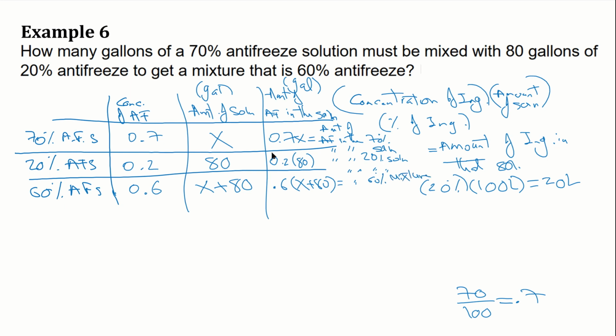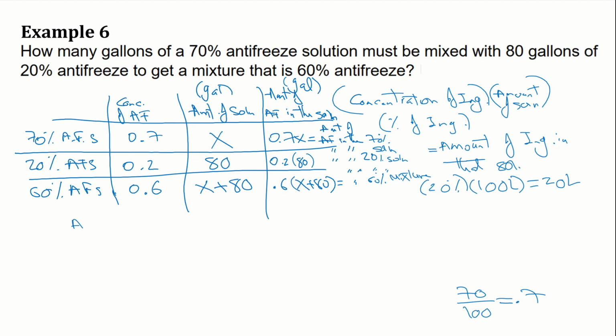Now, given that I'm mixing these two to get this, that means however much antifreeze comes from the first solution, the 70% solution, plus however much pure antifreeze there is in the second solution is exactly going to be the amount of antifreeze in my 60% mixture. So this last column is where my equation is going to come from. Let me explain in writing what it is.